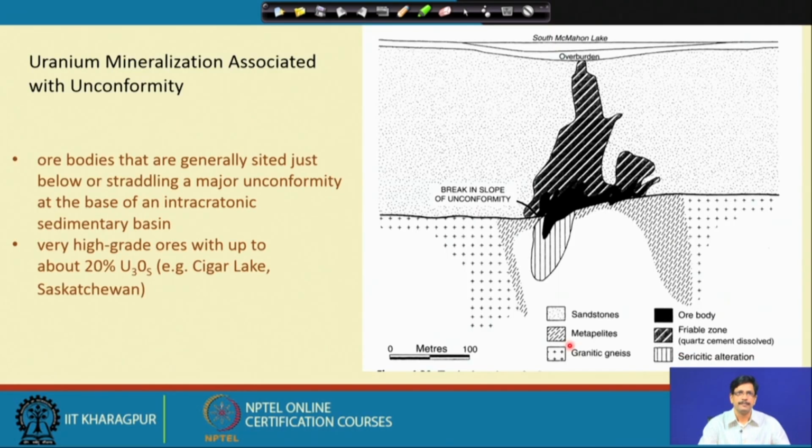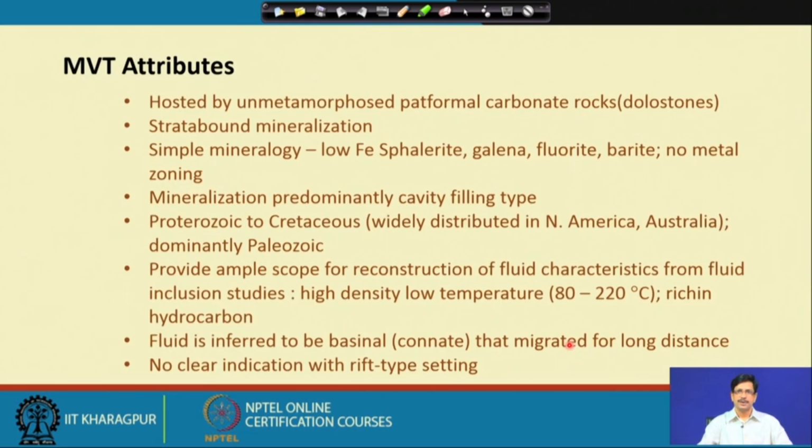Okay. So, with this we conclude the discussion with this range of hydrothermal deposits: the volcanogenic massive sulphide deposit, the sediment hosted massive sulphide deposit, the sedimentary stratiform copper deposit and the Mississippi Valley type deposits.